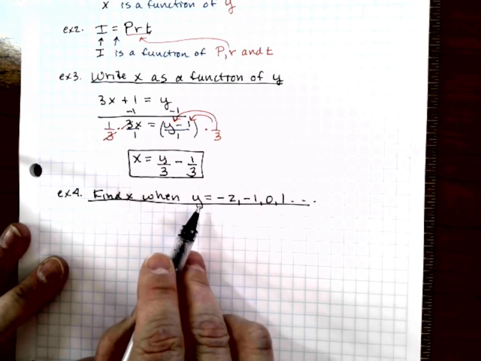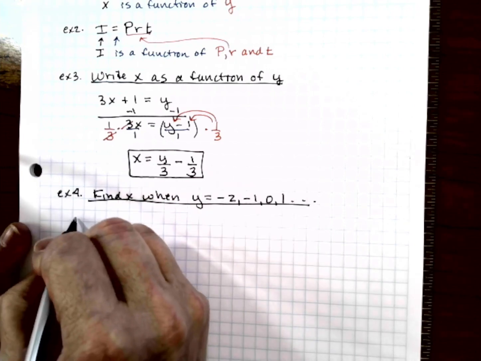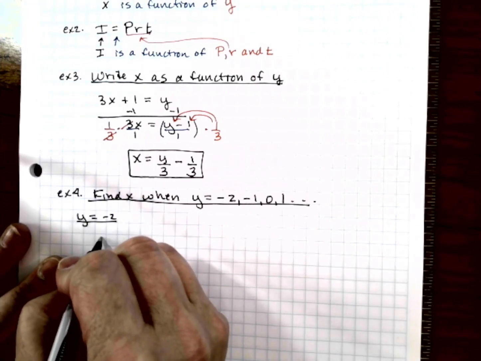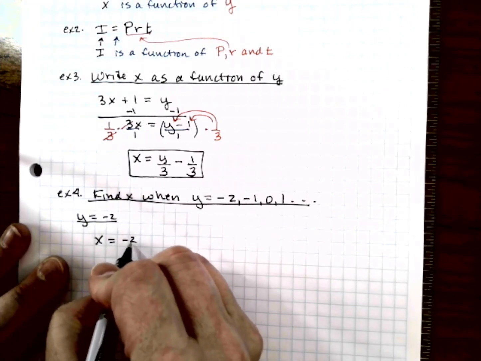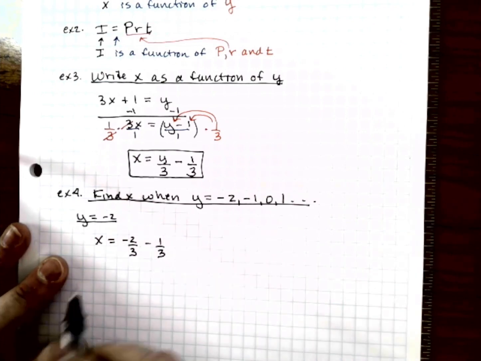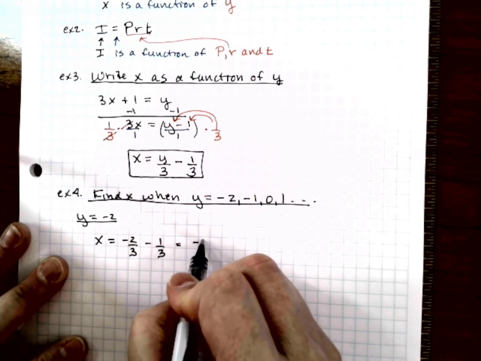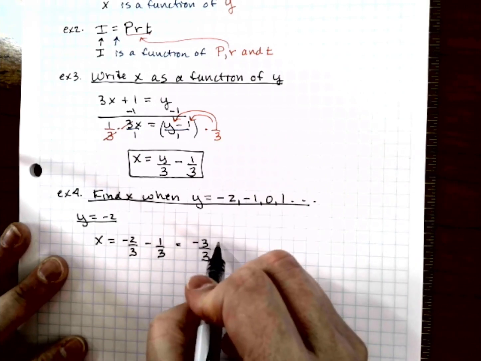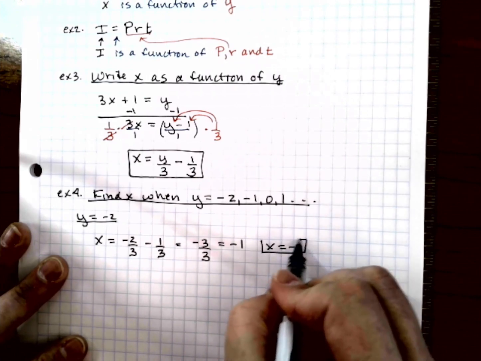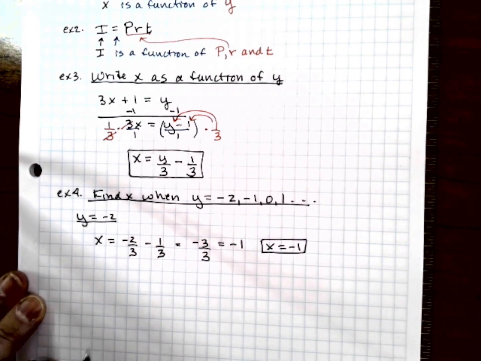You just substitute it in. So, for example, we'll start with y equals -2. Subbing that in, I get x equals -2 over 3 minus 1 over 3, which is -3 over 3, which is a -1. So x equals -1 would be your answer.